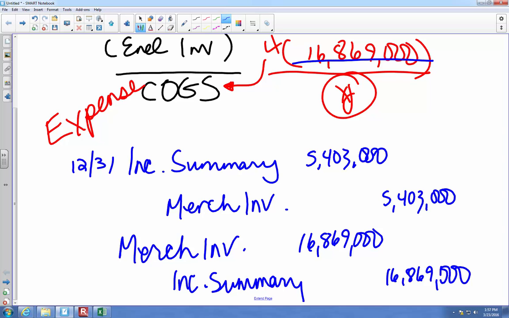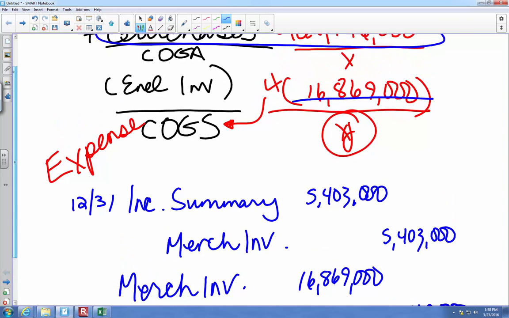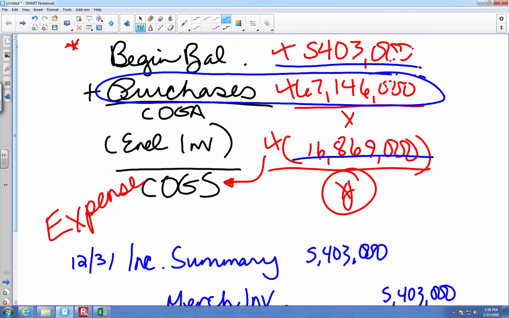I know this is kind of a convoluted way to do it, but because you don't have a cost of goods sold account, you've got to close all three of these accounts basically to income summary. My point is, what I want you to pull from this is, here's how you calculate your cost of goods sold number. Make sure that's what shows up on your P&L.